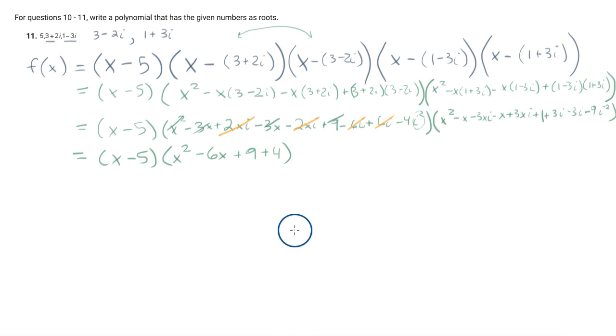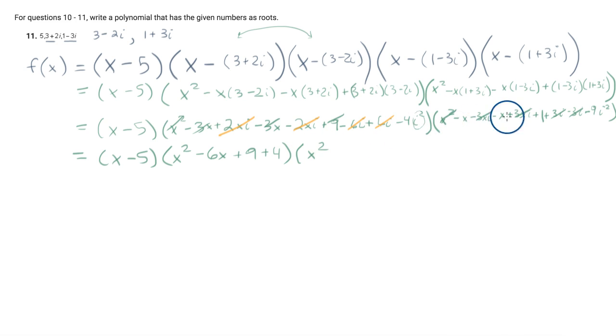Now we're starting to get there. Let's do the same with our second large parentheses over here. So we can cross out these. They're the same. Well, they're opposites. We've got positive 3i, negative 3i, cross them out. And so we'll have x squared.